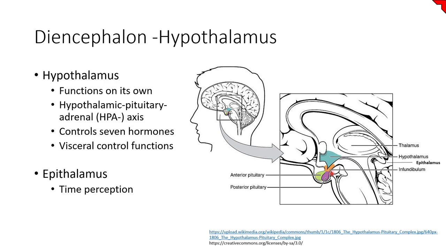And it is very much involved in control of hormonal pathways because it's interconnected with the pituitary gland, where a lot of hormones are created, and it also creates some hormones itself. So for example, oxytocin or ADH and other hormones that regulate the release of hormones in the pituitary gland are produced in the hypothalamus.